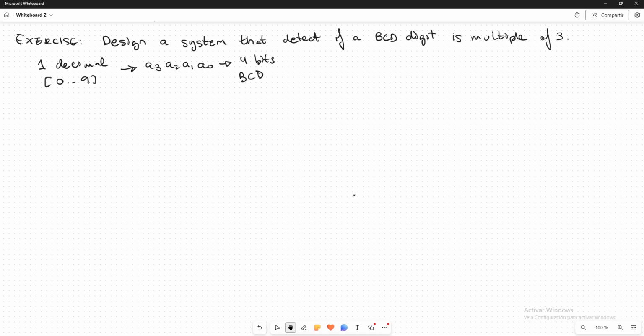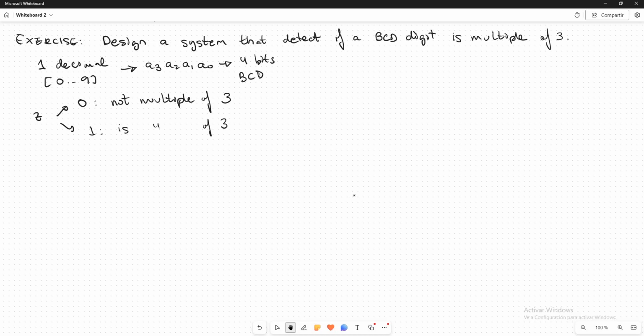So I can say that the output is, for example, 0 if it is not a multiple of 3, and it's going to be a 1 if it's a multiple of 3. Okay?